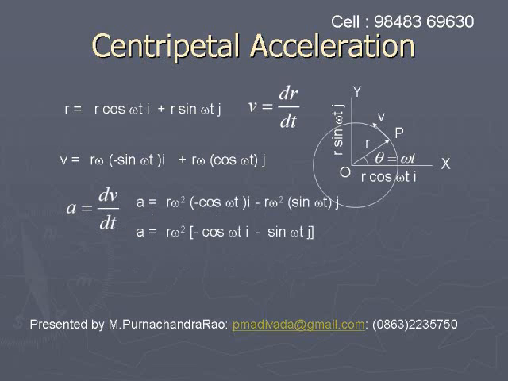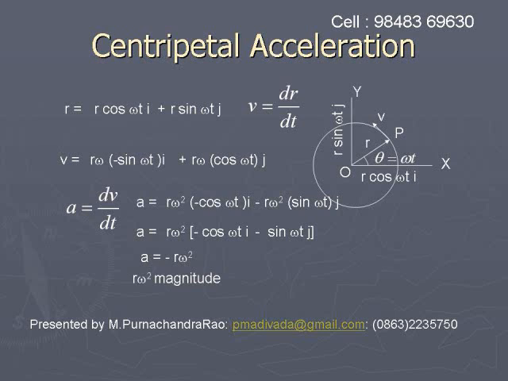So a is equal to r omega square into minus cos omega t i, because the derivative of sin omega t is omega cos omega t. Similarly, the derivative of cos omega t is minus sin omega t into omega, hence minus r omega square sin omega t j. So the acceleration is minus r omega square cos omega t i minus r omega square sin omega t j.